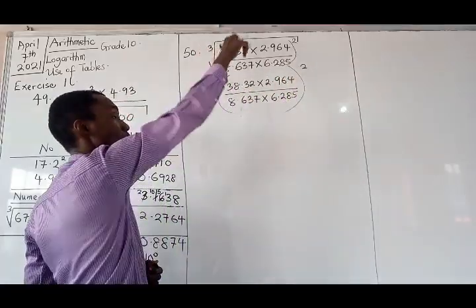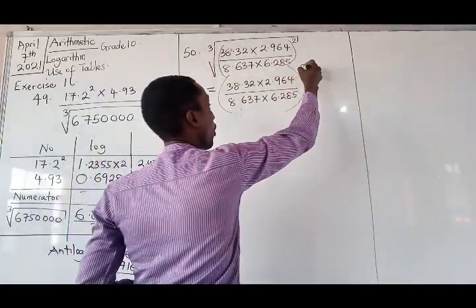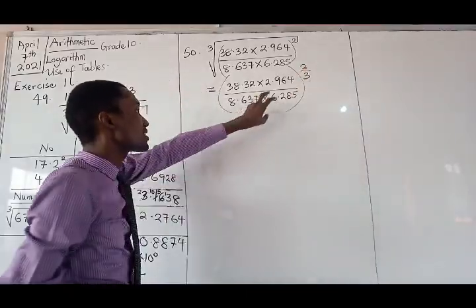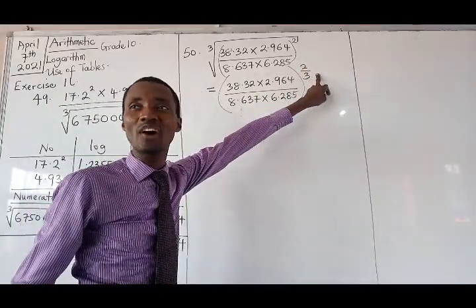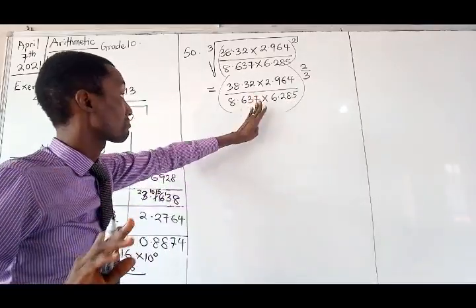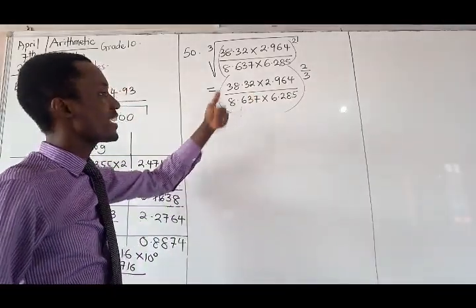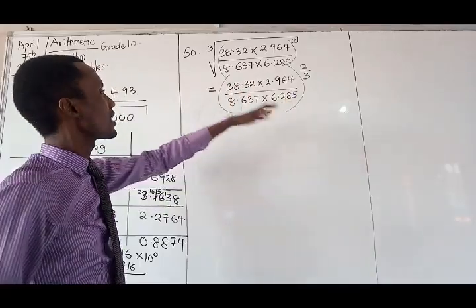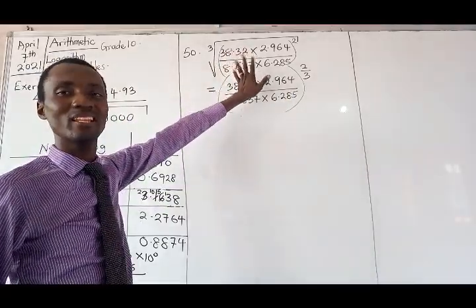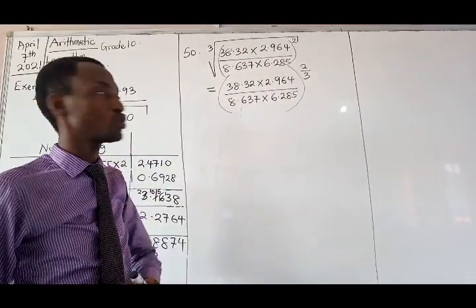This cube root means 1 over 3. All over 3. So this problem is this, raised to the power of what? 2 over 3. That's it. So you discover that all the ideas you have acquired in maths, if you apply them well here, this problem is not going to be very difficult for you to handle.